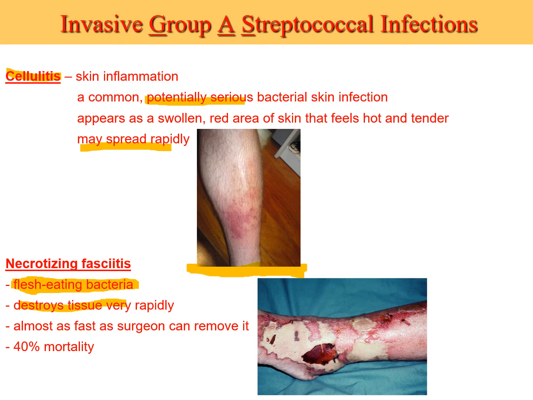The point is that if it's diagnosed in a limb, the treatment is to amputate, and they have to do it right away. There's a 40% mortality associated with this kind of infection of necrotizing fasciitis associated with group A streptococcal infections, GAS.